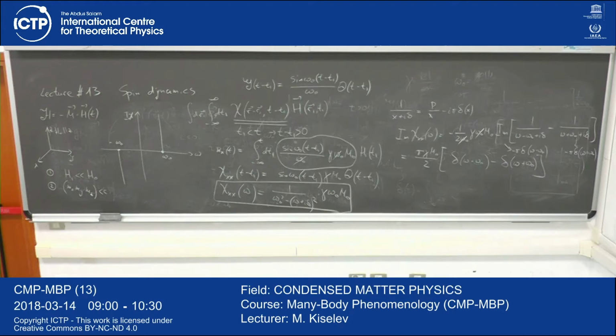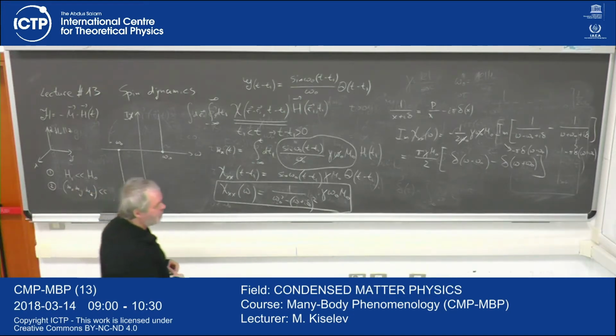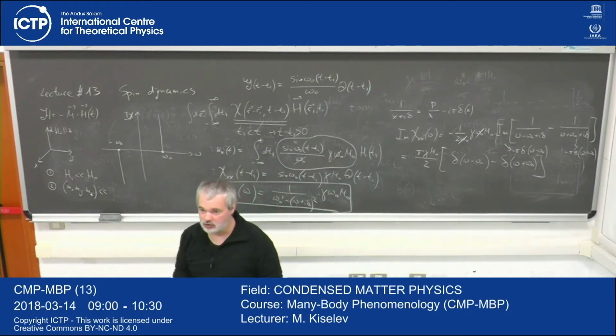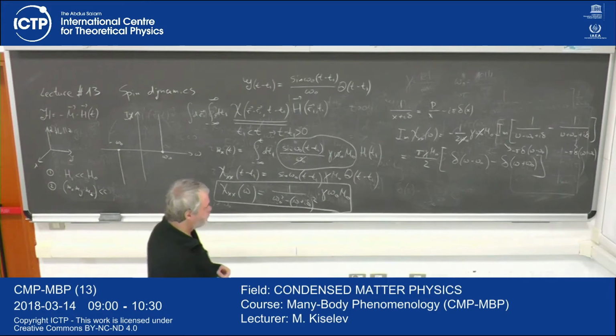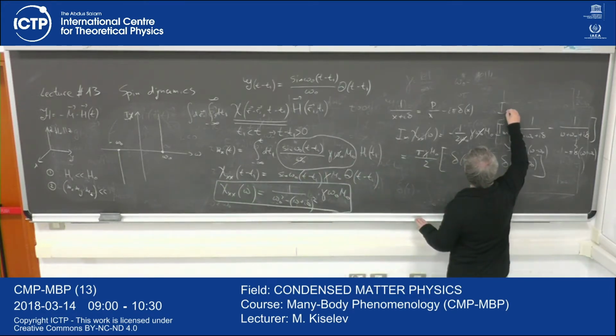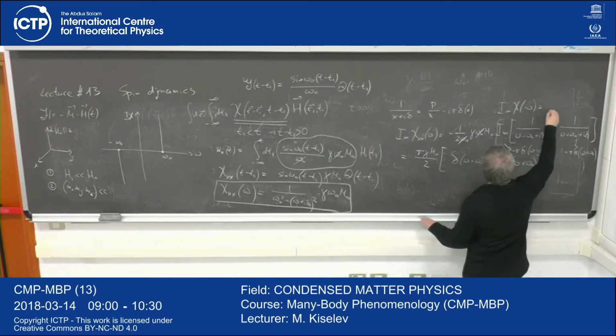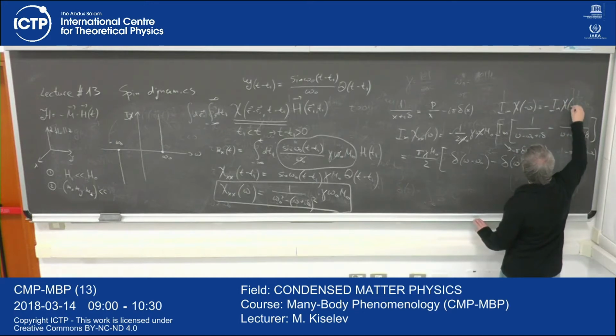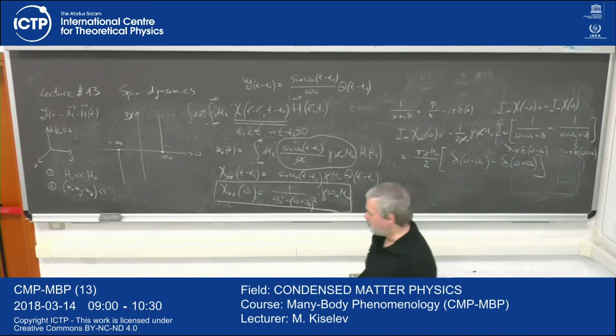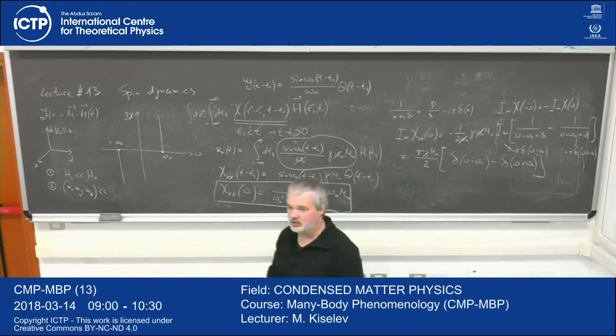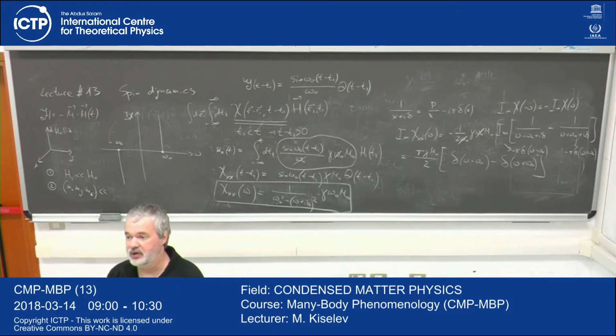Besides, you will see a very important property: the imaginary part of susceptibility is an odd function of frequency. So Im chi(minus omega) is equal to minus Im chi(omega). By applying the same identity to the real part, you can show that for the real part it's the other way around. So the real part should be an even function of omega. But as I say, the real part can be recovered from the imaginary part using Cauchy theorem or Kramers-Kronig relations, because this susceptibility is an analytic function in the upper half plane.